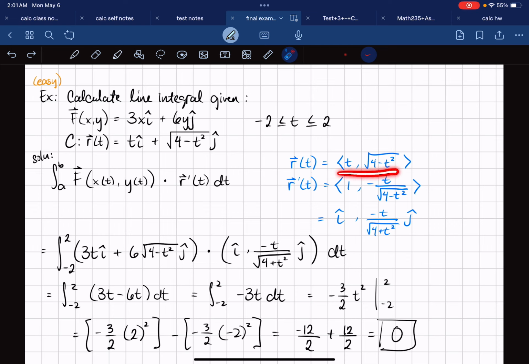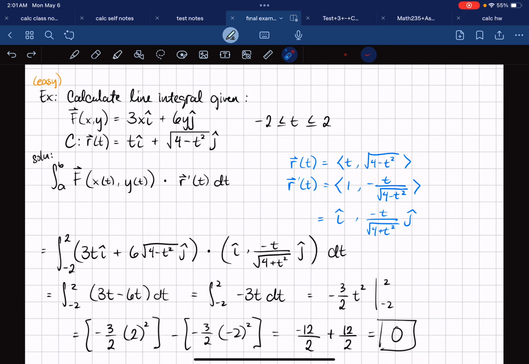When you're turning it into a vector, you literally just leave the i's and the j's behind, take the coefficients of those and turn them into a vector. Then you take the derivative of that, because that's what we want for here, and you get this.